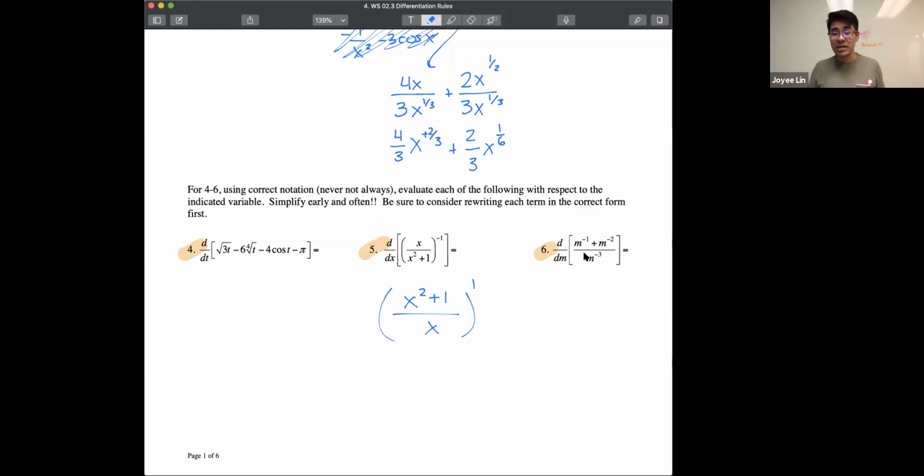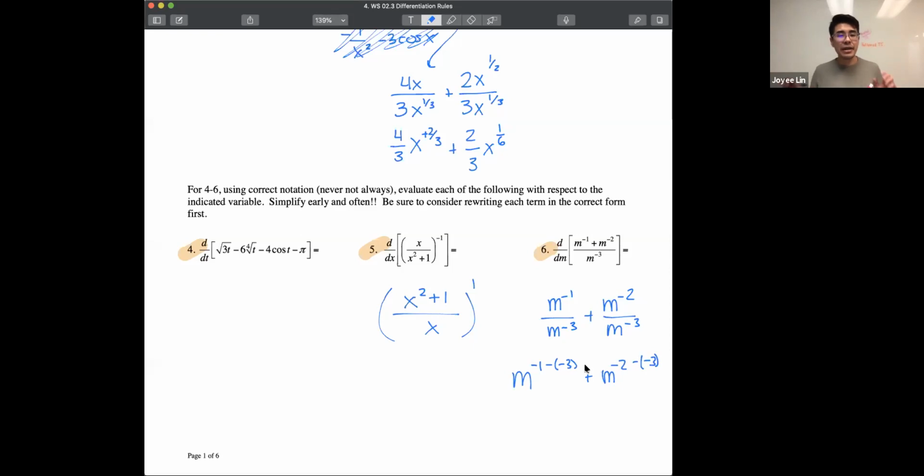Similarly with number 6, we have a binomial over a monomial, so we can split it up as m to the -1 over m to the -3 plus m to the -2 over m to the -3. And then make sure you subtract. So if we simplify, it'd be m to the -1 minus -3 plus m to the -2 minus -3.